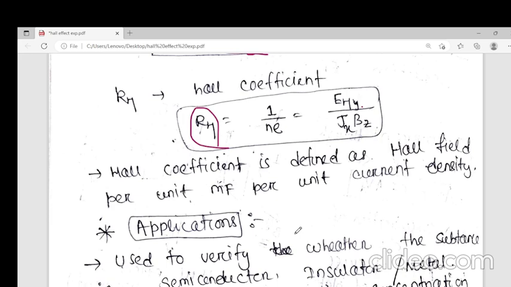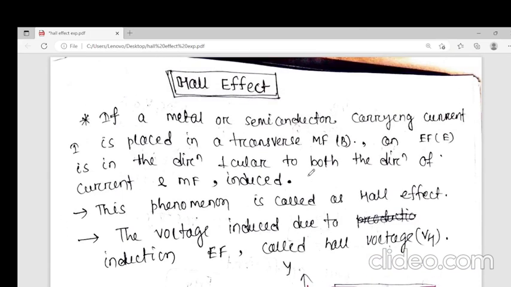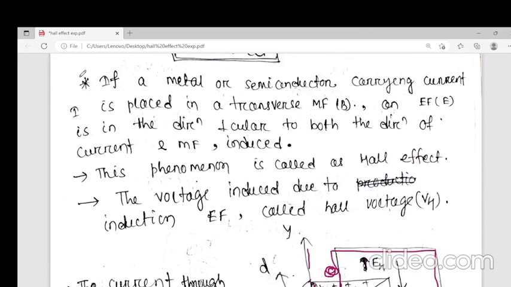Okay, and let's see the figure again and try to understand this thing. If a metal or semiconductor carrying current I is placed in a transverse magnetic field, an electric field is induced in the direction perpendicular to both the direction of current and magnetic field.